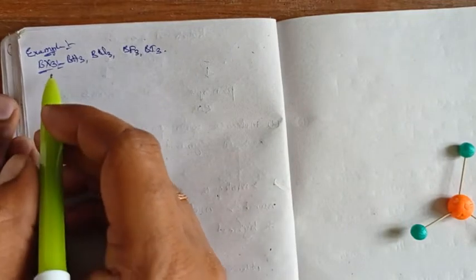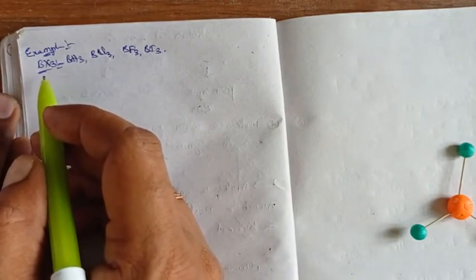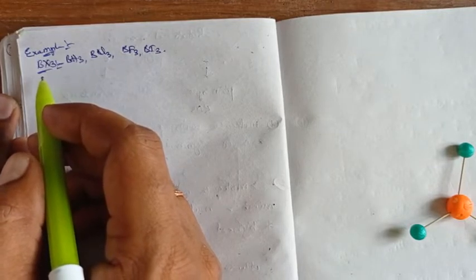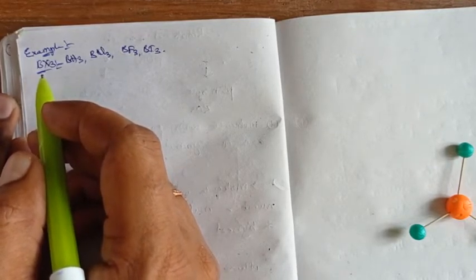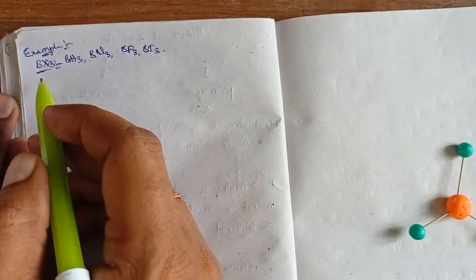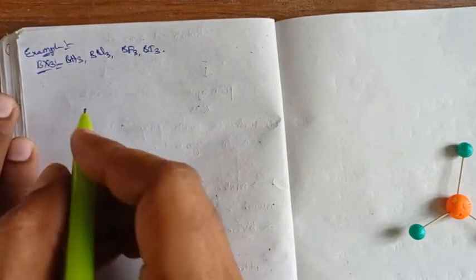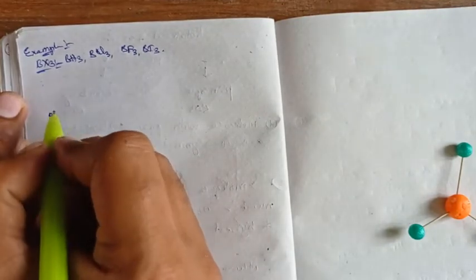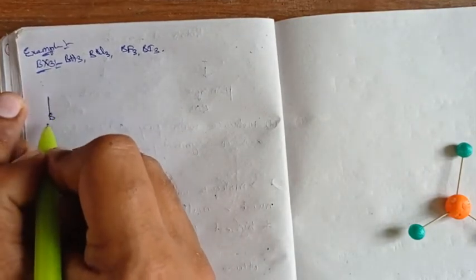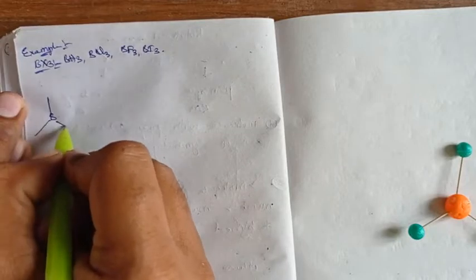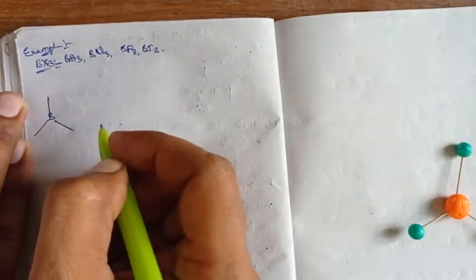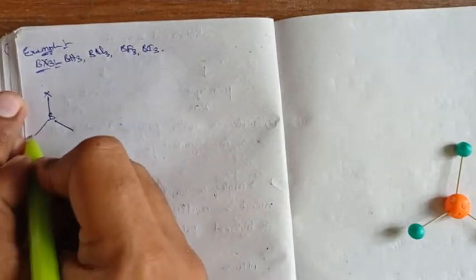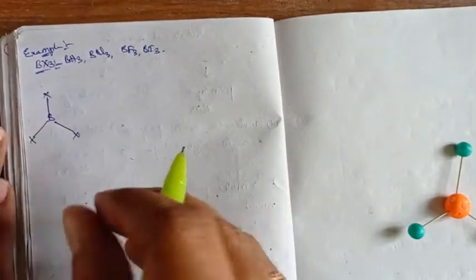Before that, we have to know the structure and stereochemistry of the BX3, right? This particular BX3 will have sp2 hybridization, and it has a triangular shape, where the boron is situated in the middle, and the three corners of the triangle have three hydrides or halides, right?